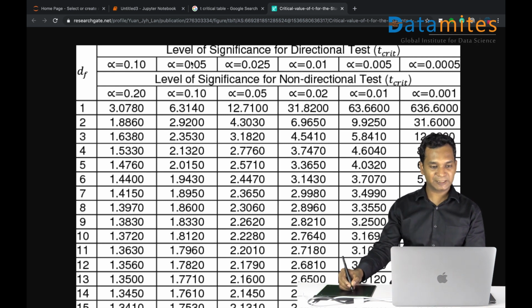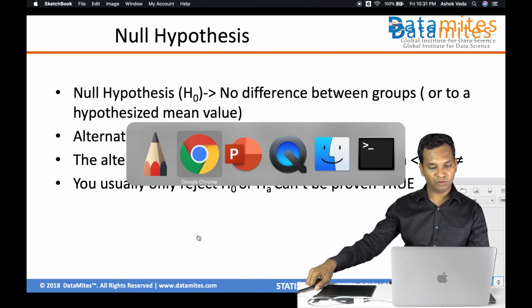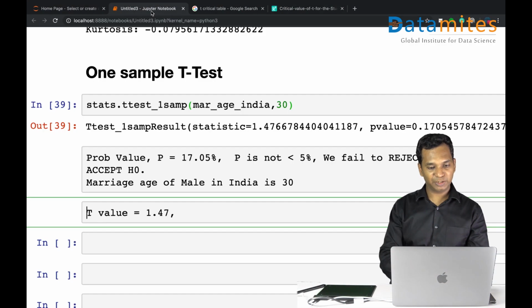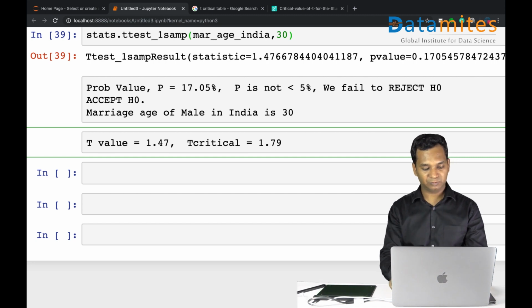So I'm looking at this, and these are the degrees of freedom, number of records you have. So we have, I don't know, 12 or something. So it's coming to 1.79. So from the table, I have found that the t value from the table, my t critical value, or simply TC, I'll just write it down for your simple understanding, is actually 1.79.